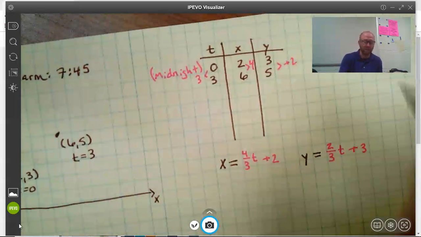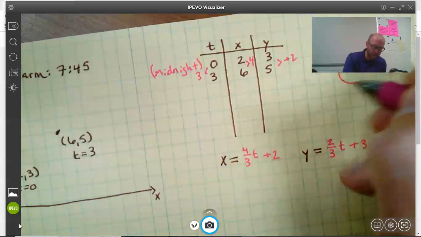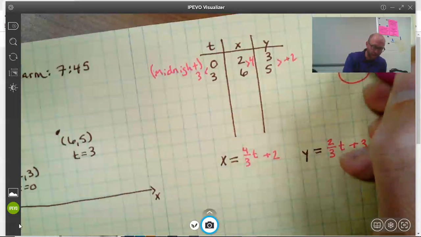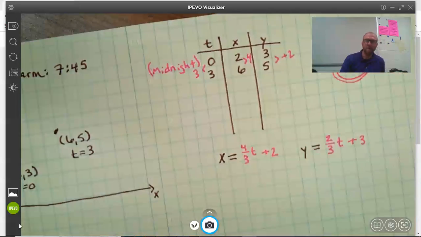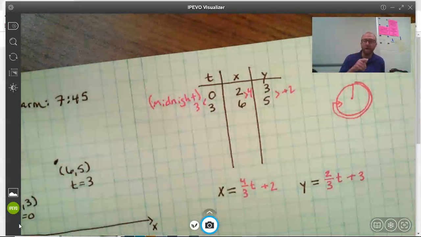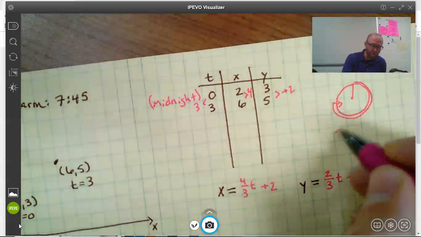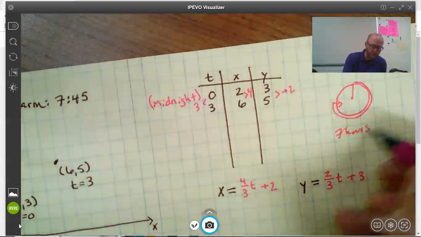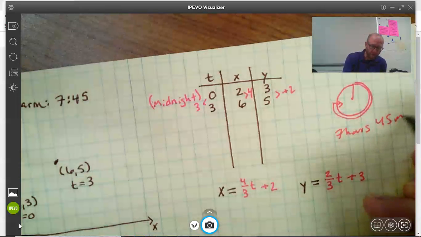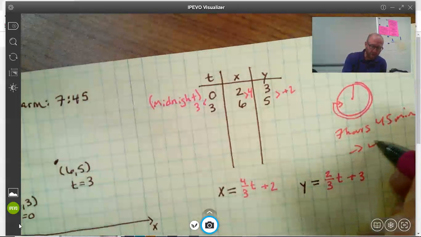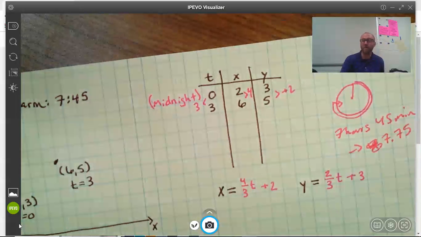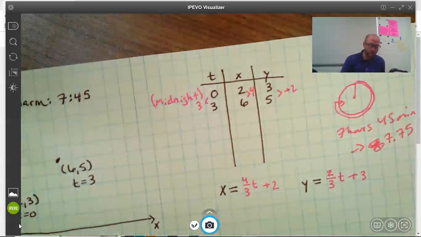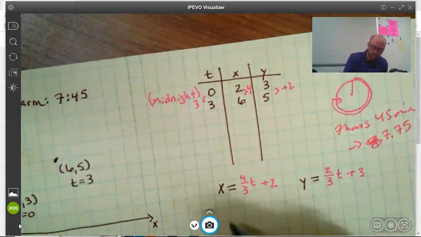But 45 minutes, if I look here at the clock, is 3/4 of the way around. So 7 hours, 45 minutes is really 7.75 hours. Okay.